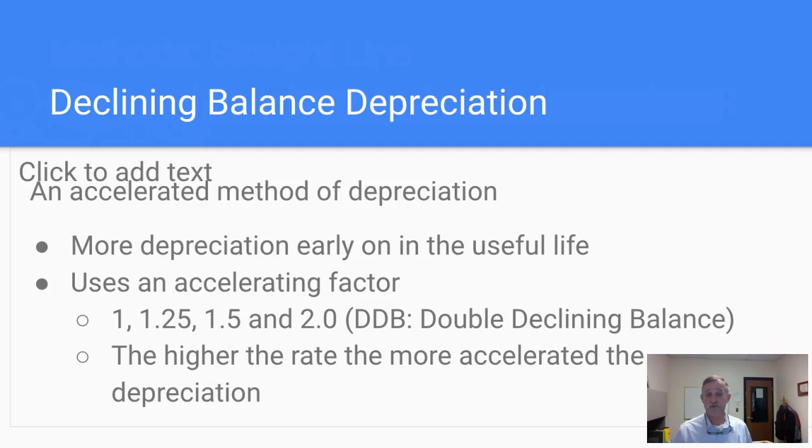We use a factor of 1, 1.25, 1.5, and 2, which, if you've heard of it before, is called double declining balance, 1.5 declining balance, and so forth in that sort of depreciation description. The higher the rate, the more accelerated the depreciation.